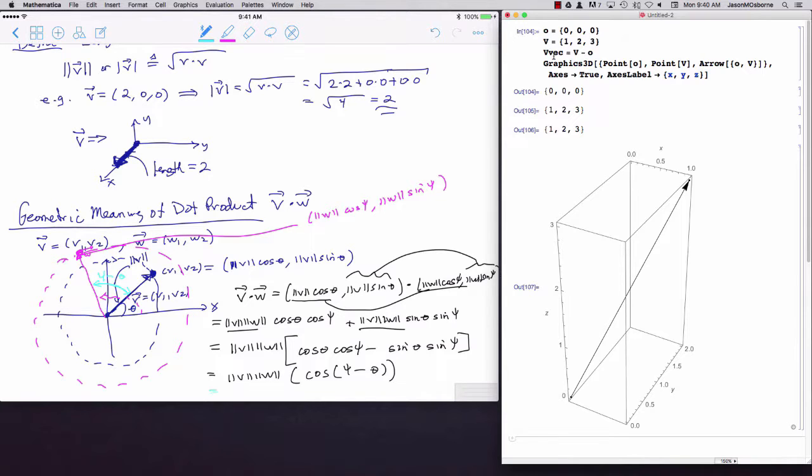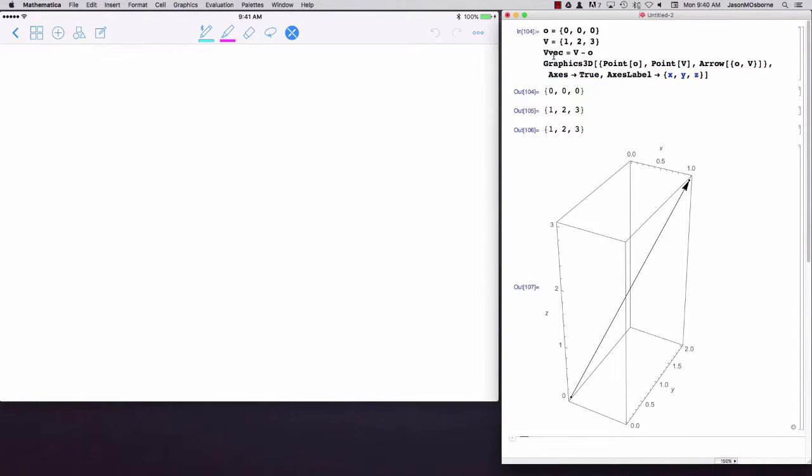So you get the magnitude of v, magnitude of w, cosine of phi, where phi is the angle between the vectors v and w. Let me move to the next page and summarize this formula that we've just done here. This computation is going to give us the geometric meaning that we are looking for in the dot product.